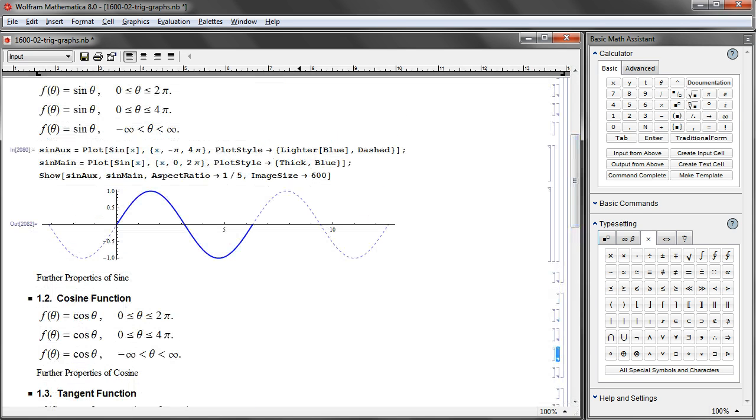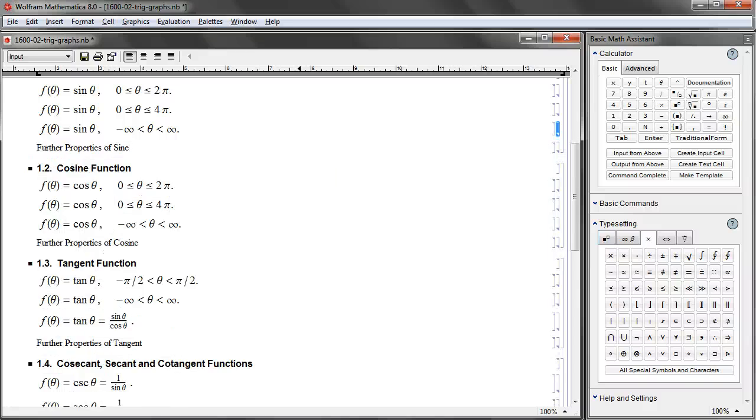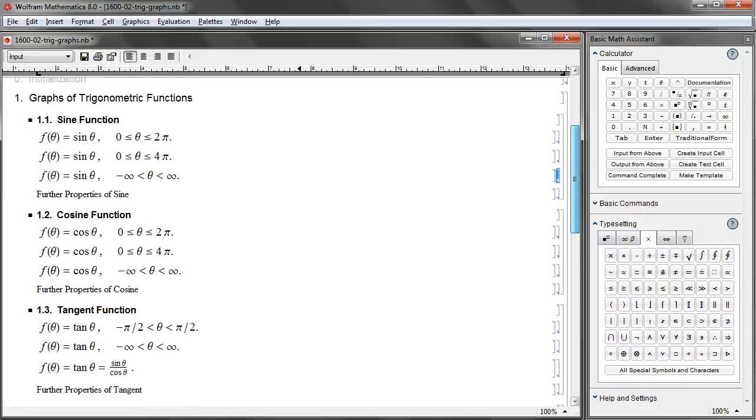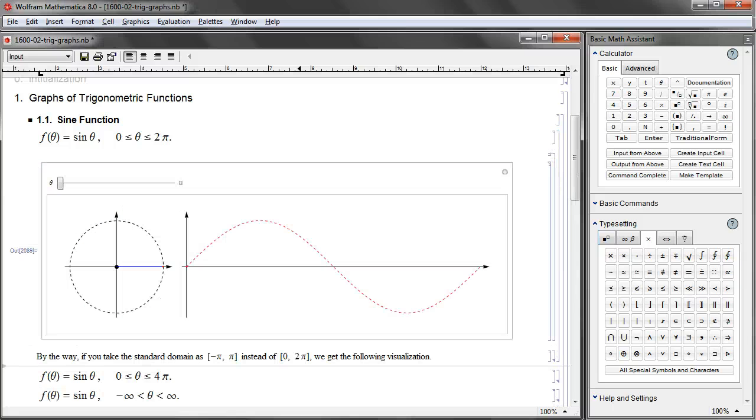Let's go over it in more detail. Why do we have these kinds of graphs? Well, here's a visualization of how the graph of the sine function comes to be.